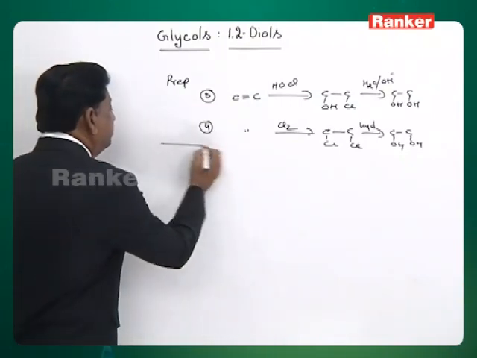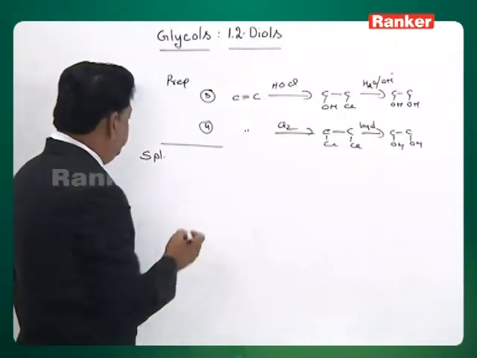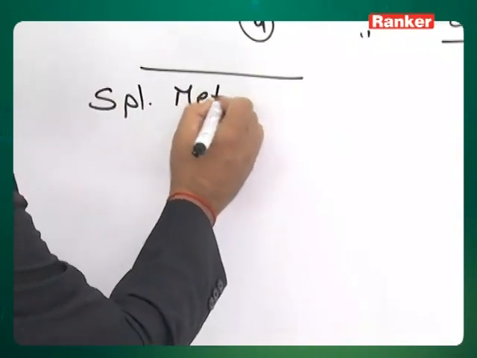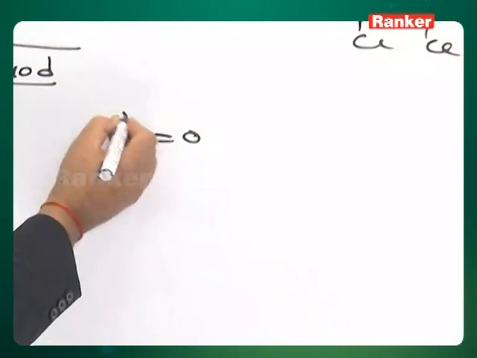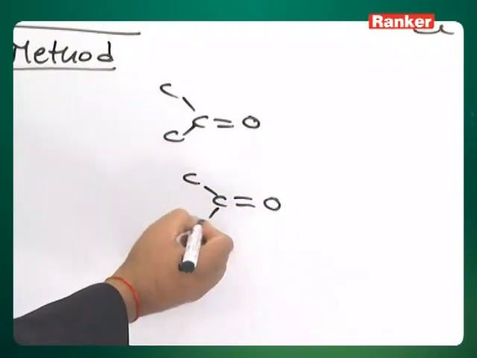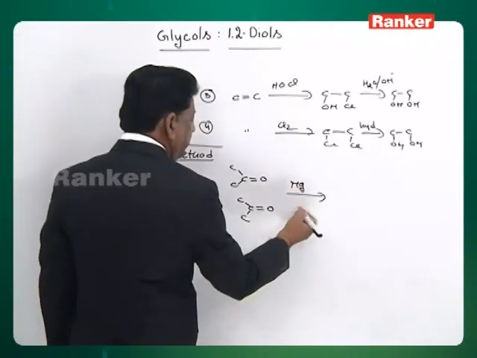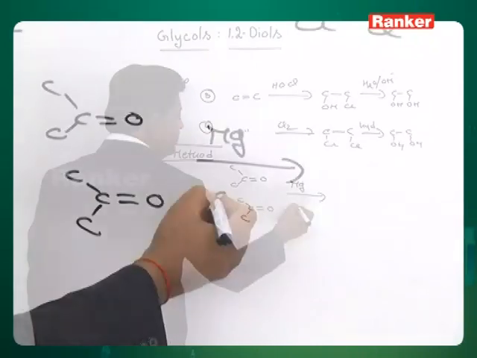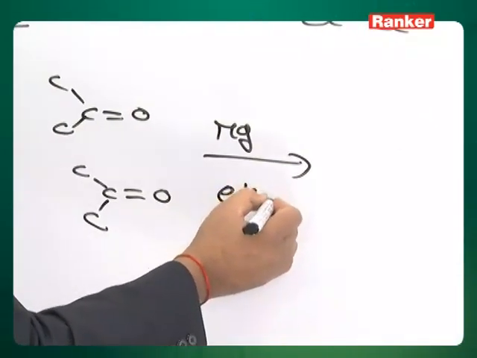But we have some specific methods also, like taking ketones. A special method is that a ketone like acetone, if I take, undergoes reduction with magnesium metal in the presence of dry inert solvents like xylene or ether.